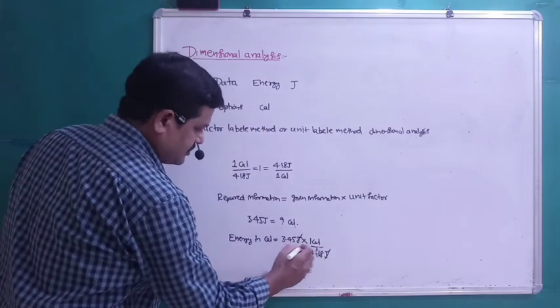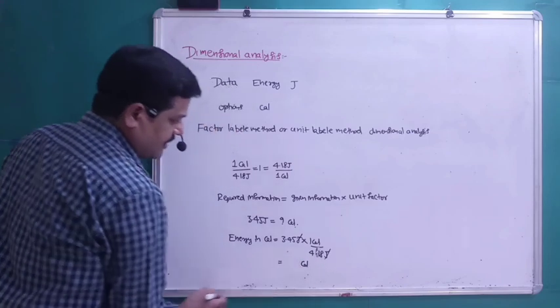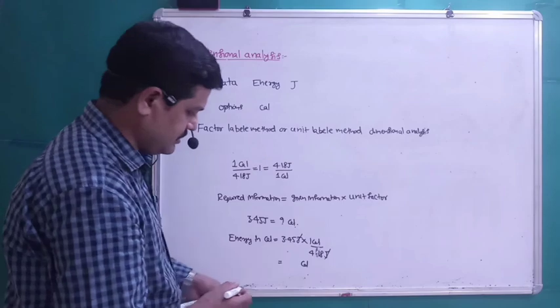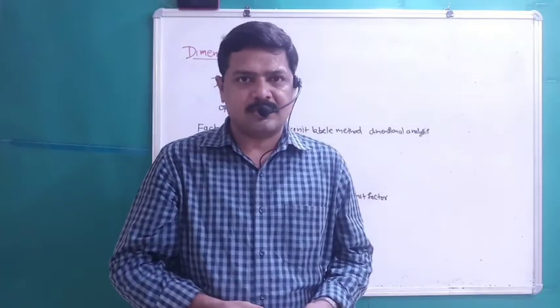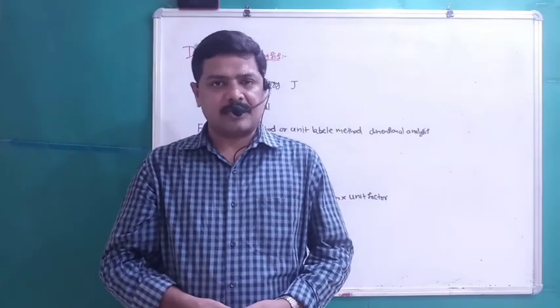Joules will get cancelled, so the final answer will be in calories. So students, this is about the uncertainty in measurement. Thanks for watching.